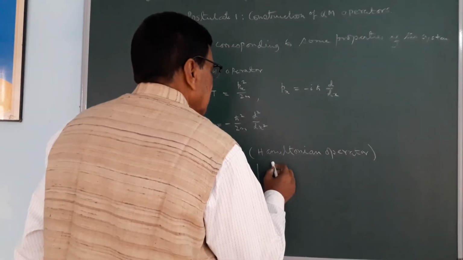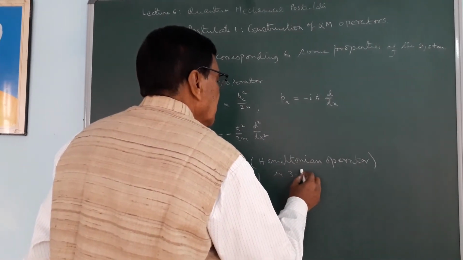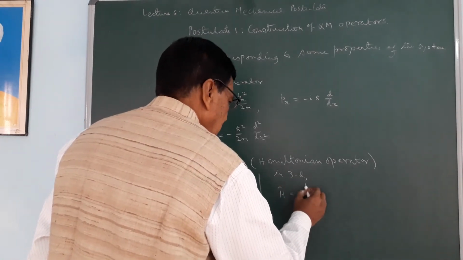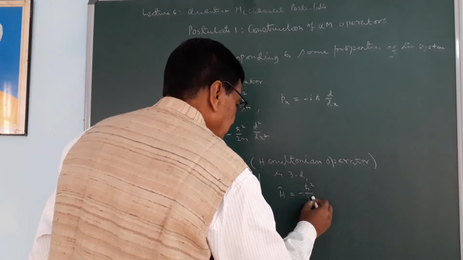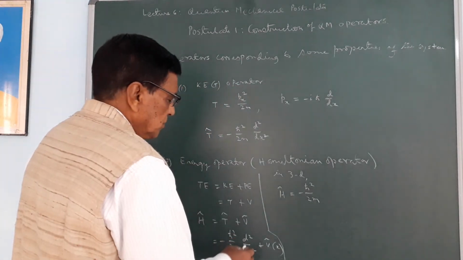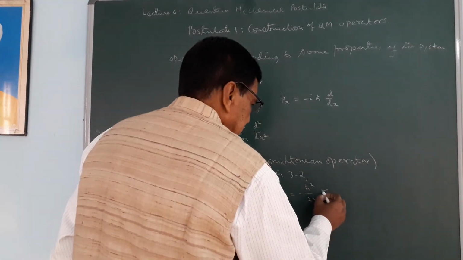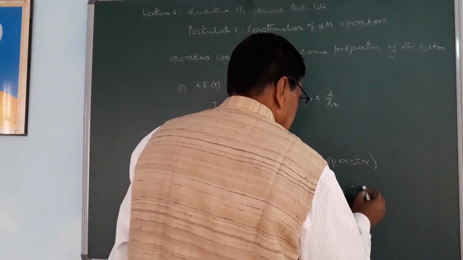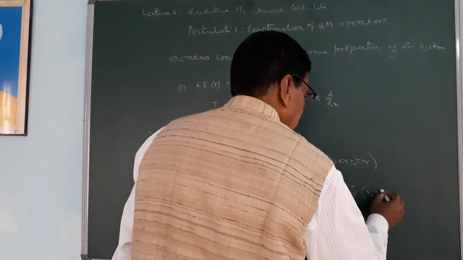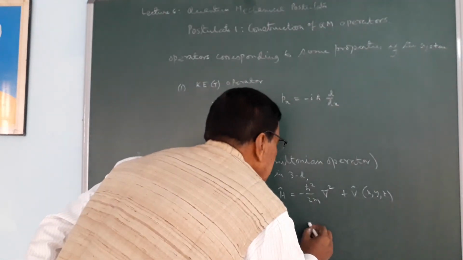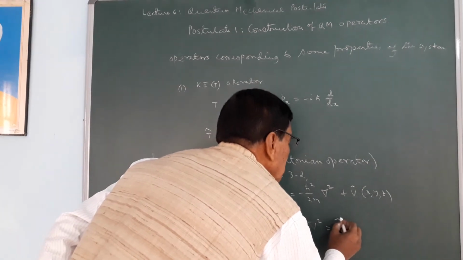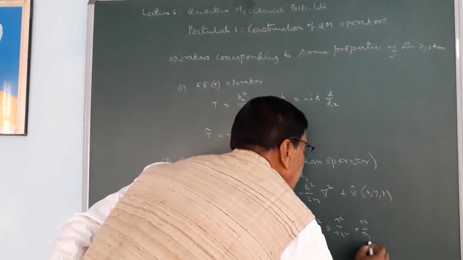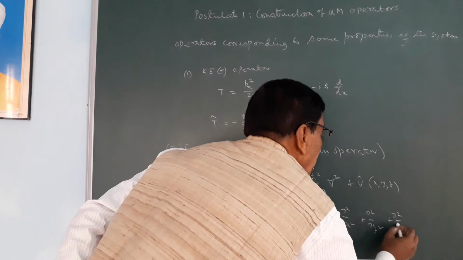In 3D, this H cap becomes equal to minus h cross square divided by twice m, and instead of d2 by dx square it will be del square, the Laplacian operator, plus V cap, which depends on x, y, z. And we know the Laplacian operator is equal to del 2 by del x square plus del 2 by del y square plus del 2 by del z square.